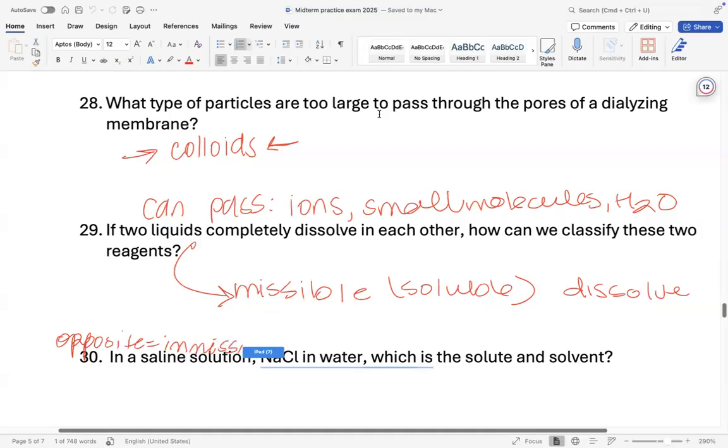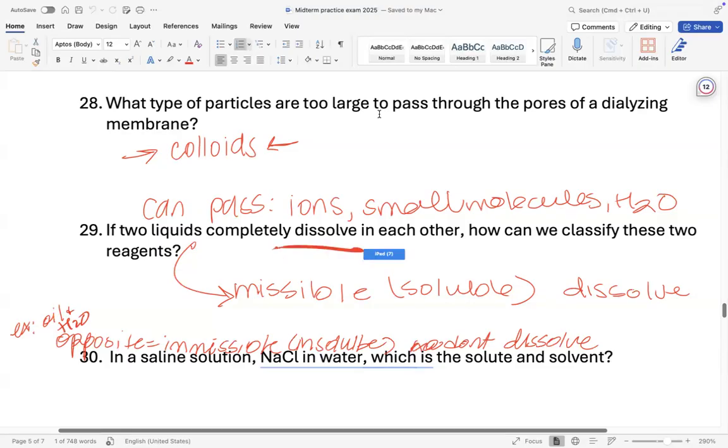That means they are insoluble, and they don't dissolve or don't mix, right? The example of this would be oil and water. Miscible, I can't come up with two miscible things off the top of my head. Water and, I don't know, vinegar. But if they completely dissolve, it's miscible.